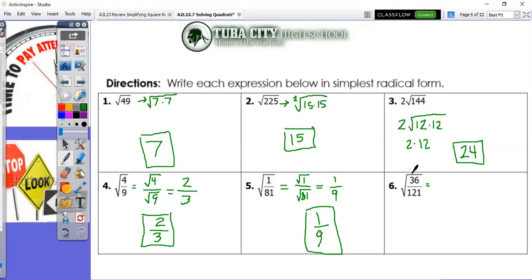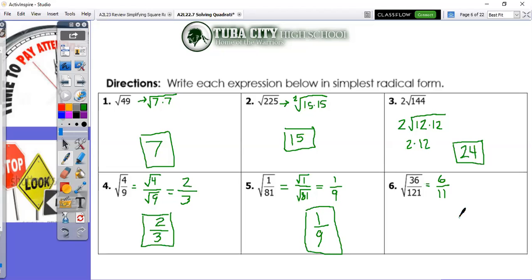Now, if you're feeling pretty good, you can skip that middle step of having to take the root of 36, because you may already know what the root of 36 is. It would be 6, and the square root of 121 is 11, because 11 times 11 is 121. Or again, if you have that list of perfect square numbers, then it becomes a little bit easier.